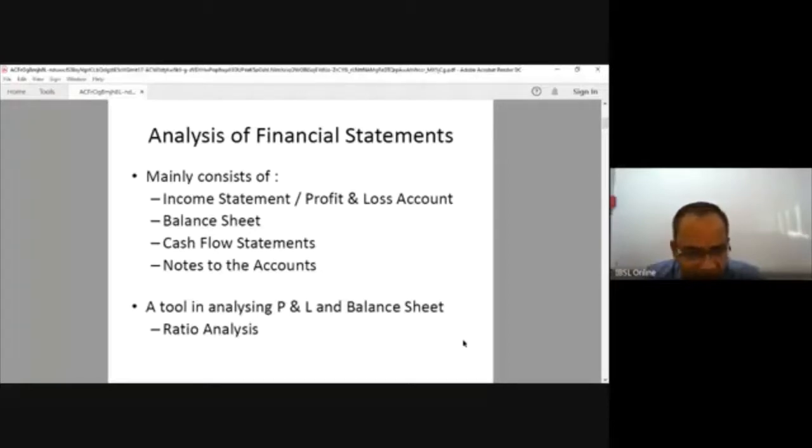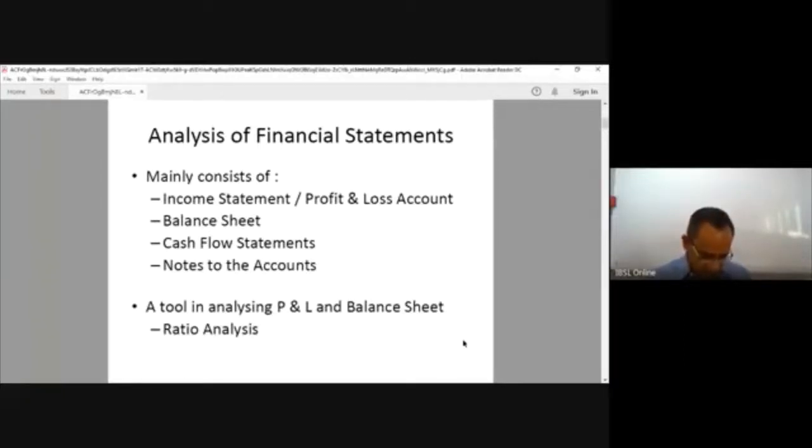Ratio analysis normally throws light on the operations of a business, so that you will be able to understand. When you do a ratio analysis, what is the industry norm and how much the business is doing, are those ratios comparable?